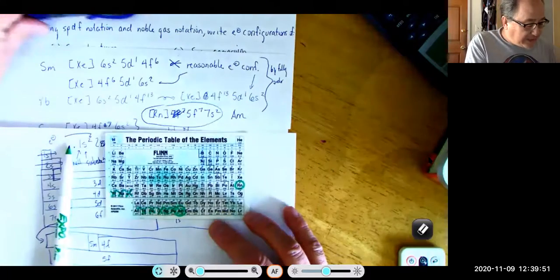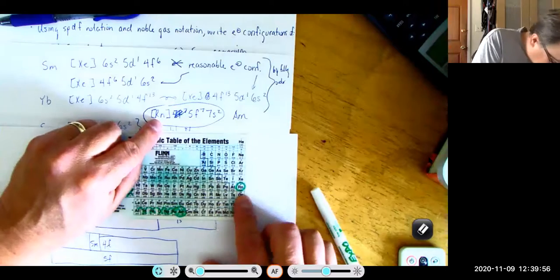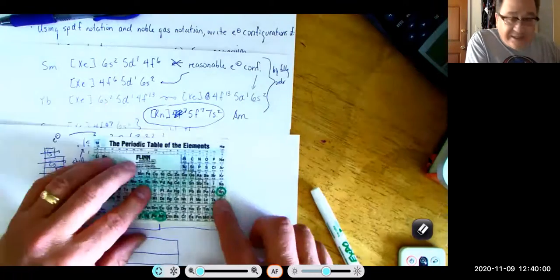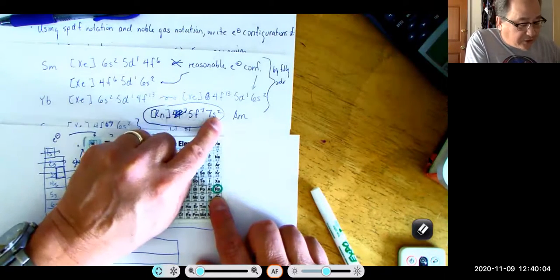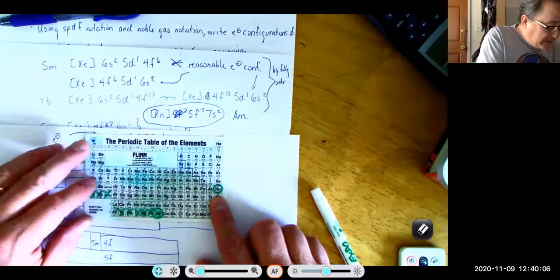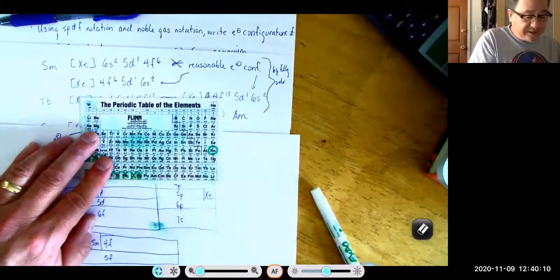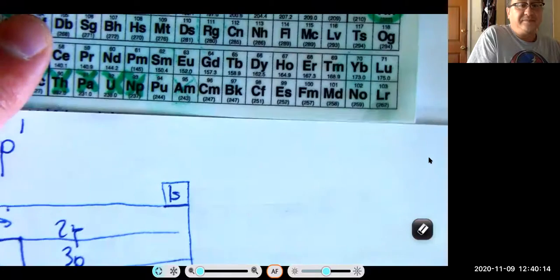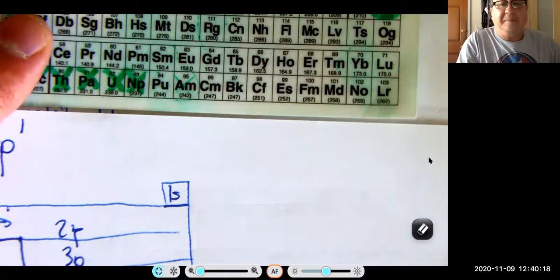So basically what I did here is I said, okay, it's got the same number of electrons, and radon has 86. It's got 86 electrons plus 7 plus 2. So 9 plus 86 is 95. And if you take a look at americium, you'll see that its atomic number is 95. So that's how I know it's americium. Are you with me or not?